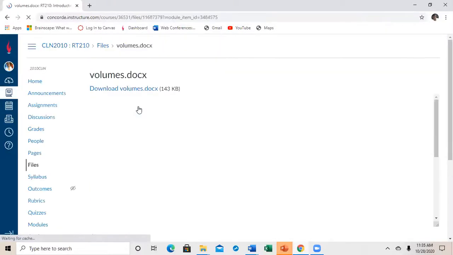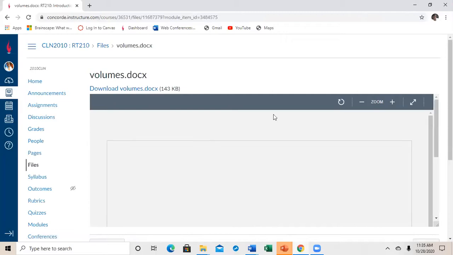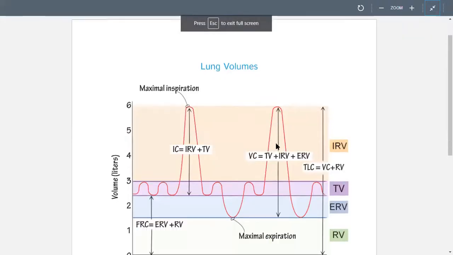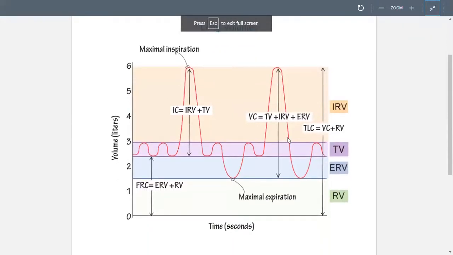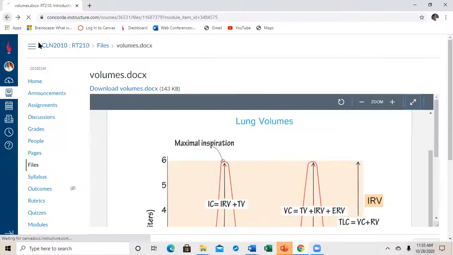Yeah, the volumes document. It has all your stuff right here. So study that. It shows the tidal volume, the inspiratory capacity, the IRV, ERV, FRC, all of those things, guys. Look at this, and then not only this, but look at those sheets that I gave you, the whiteboard.